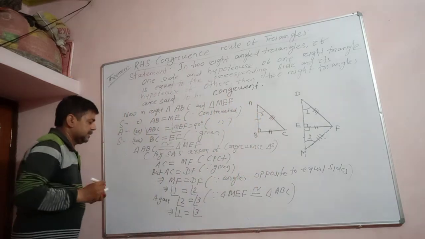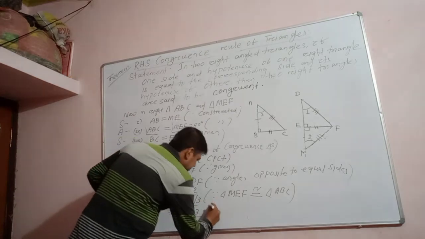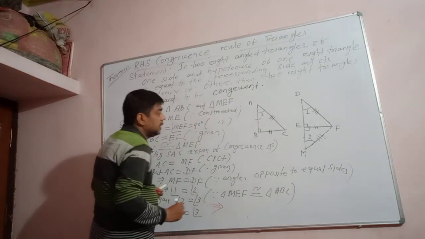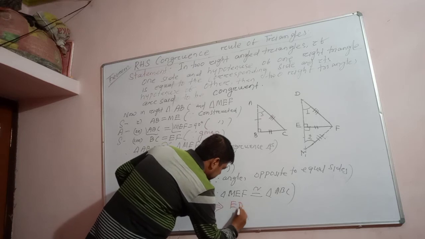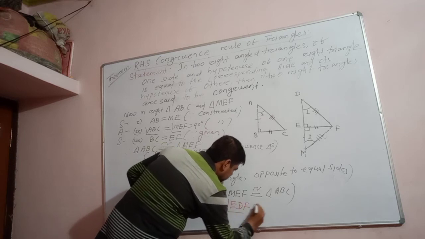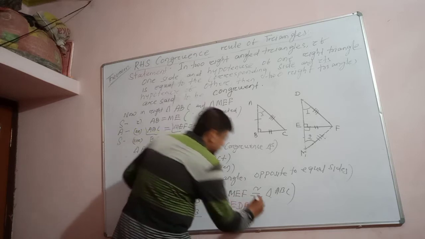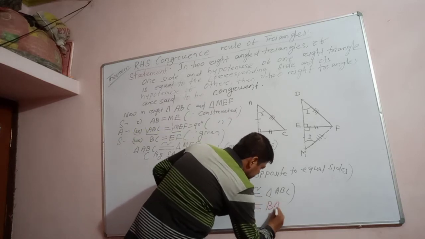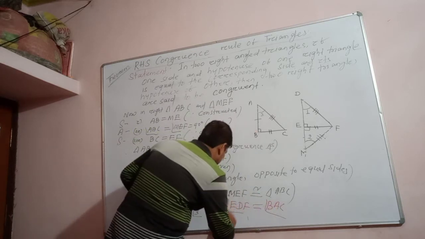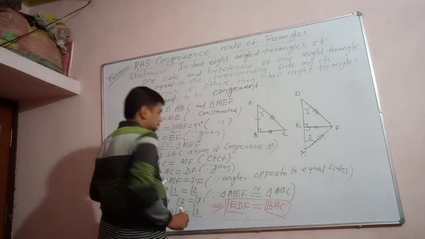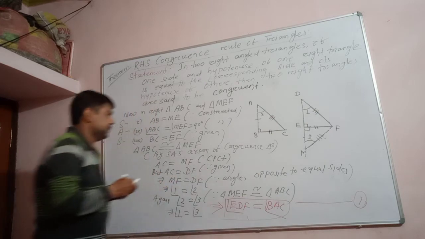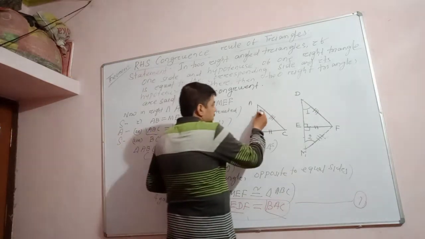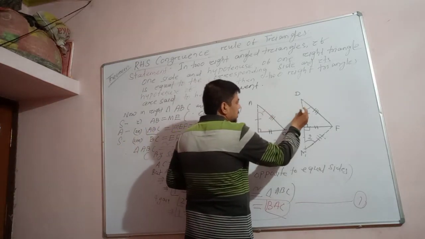Okay, that implies the EDF angle is equal to BAC angle. We got this important information. Understand? Suppose this is equation number 1. So we got now that this angle is equal to this angle.